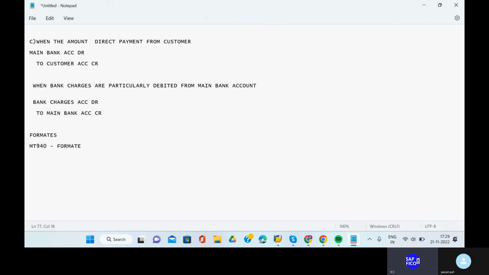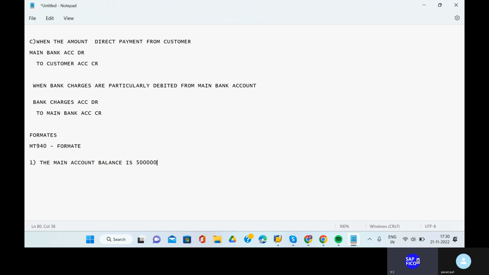Now we have seen the entries and all. Now you got the raw material and you have paid the amount to the particular vendor. Put those points under this. The first point: the main account balance is, suppose, 5 lakh rupees.